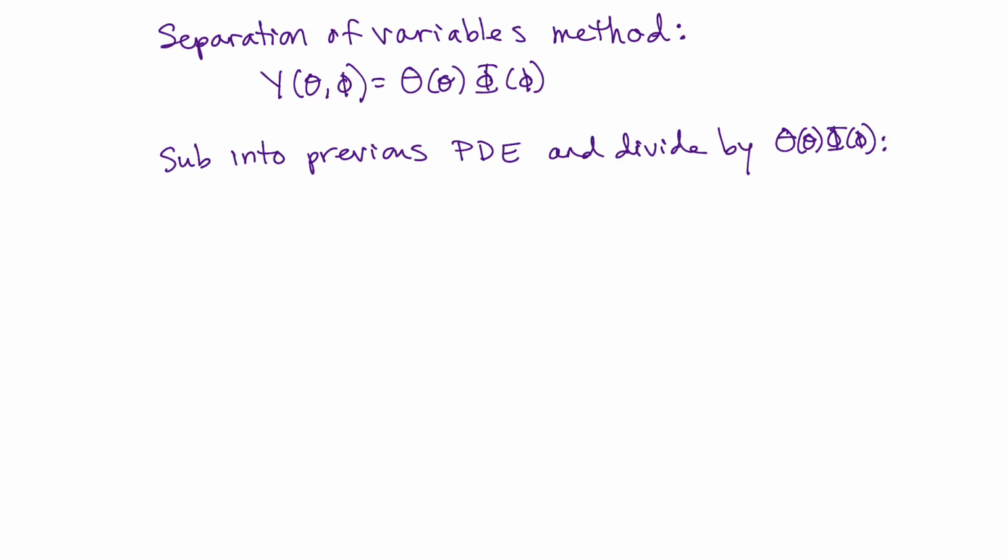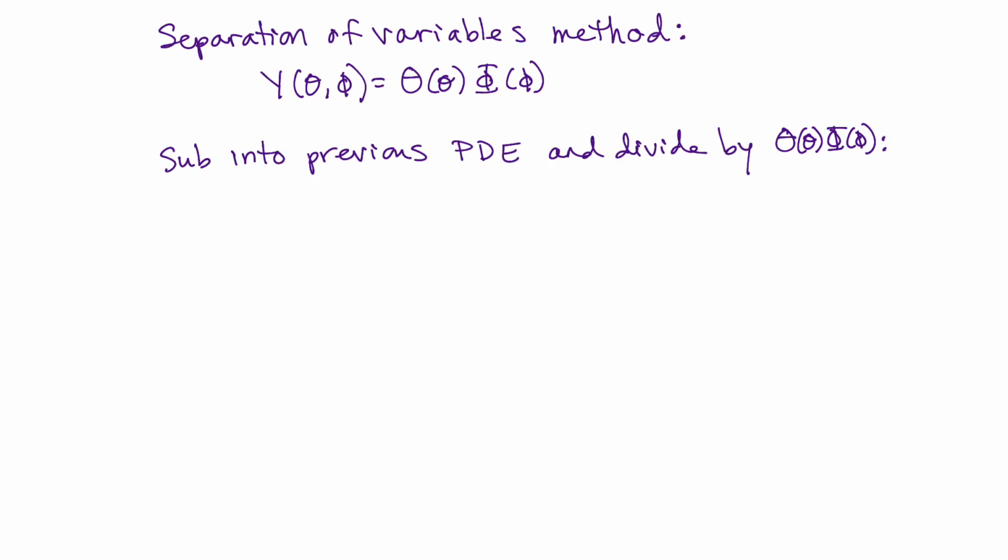We say that our wave function Y of theta and phi can be broken up into two independent functions, one a function of theta and one a function of phi: big theta of little theta and big phi of little phi.